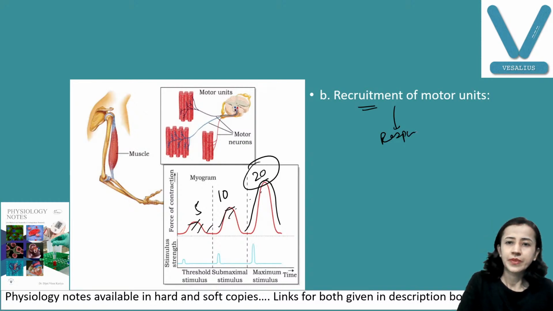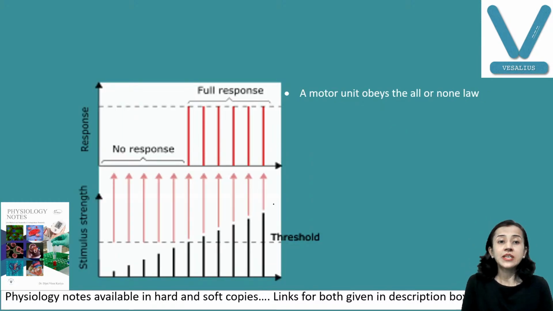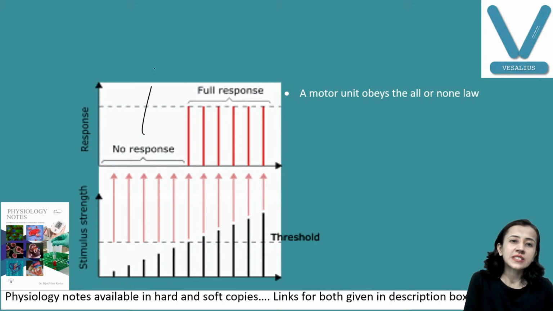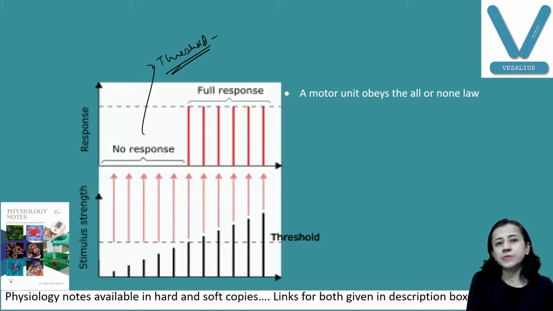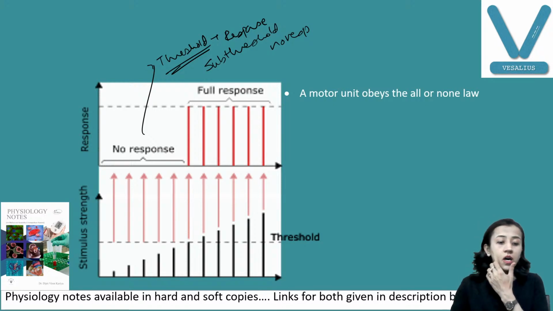Then motor units also obey the all or none law, meaning when the stimulus is threshold there is a response, and when the stimulus is subthreshold there is no response. Fine. So this is the all or none law. So this is all about your motor units.